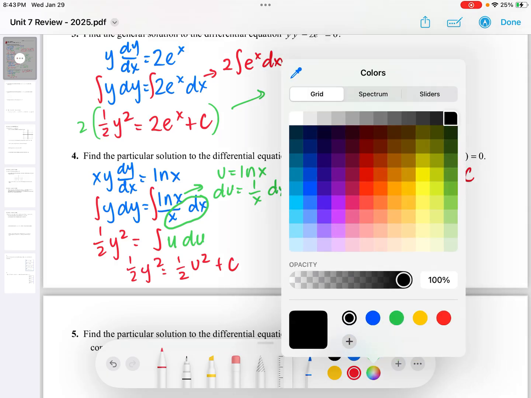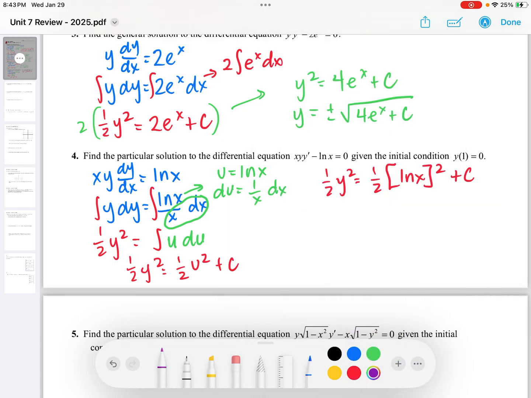All right, solving in this case for y, multiply everything by 2. So I have y squared equals the natural log of x squared plus c. Oh, and before I square root, I forgot this is a particular solution, so we're going to actually go ahead and solve for c.